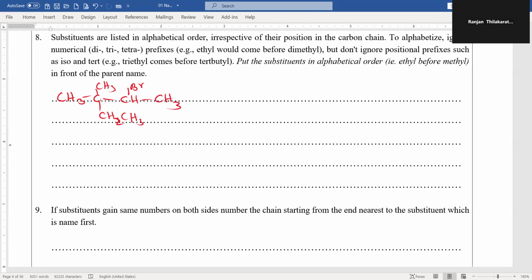Write down the name of this, and you can write another name like this, CH3, Br and Br, then CH3, H and CH2 and CH3. Write down the names of these two compounds.